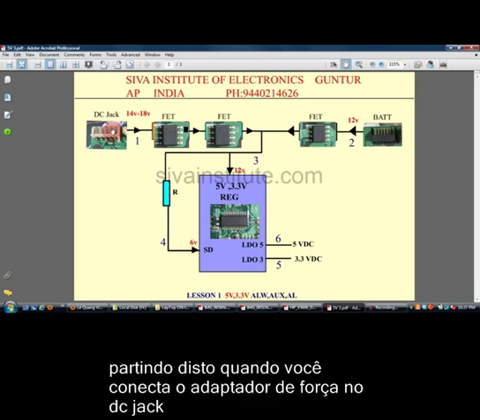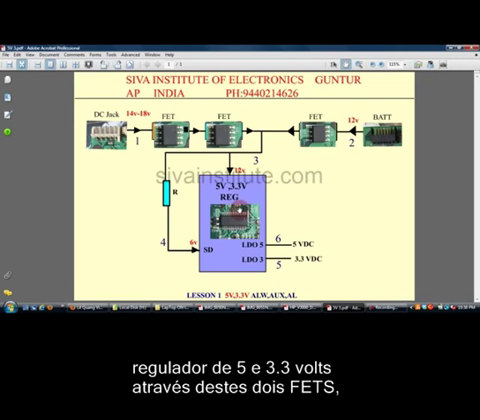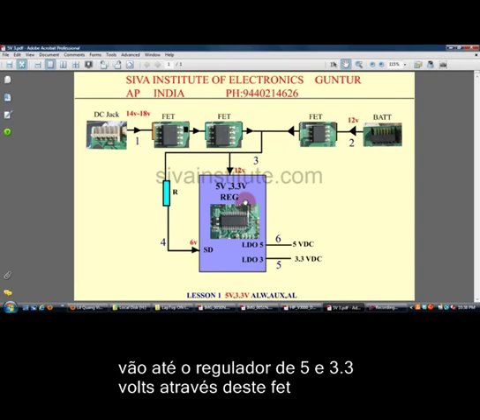When you connect the adapter to this DC jack, this voltage of 14 to 18 volts comes to this 5 volts and 3.3 volts regulator IC through two FETs. From the battery connector, when you connect the battery, 12 volts comes to the regulator IC through this FET.